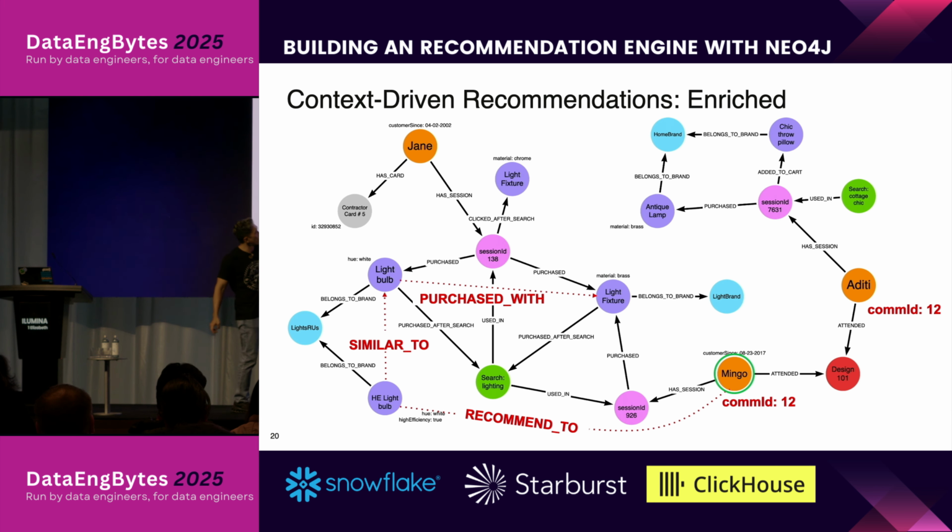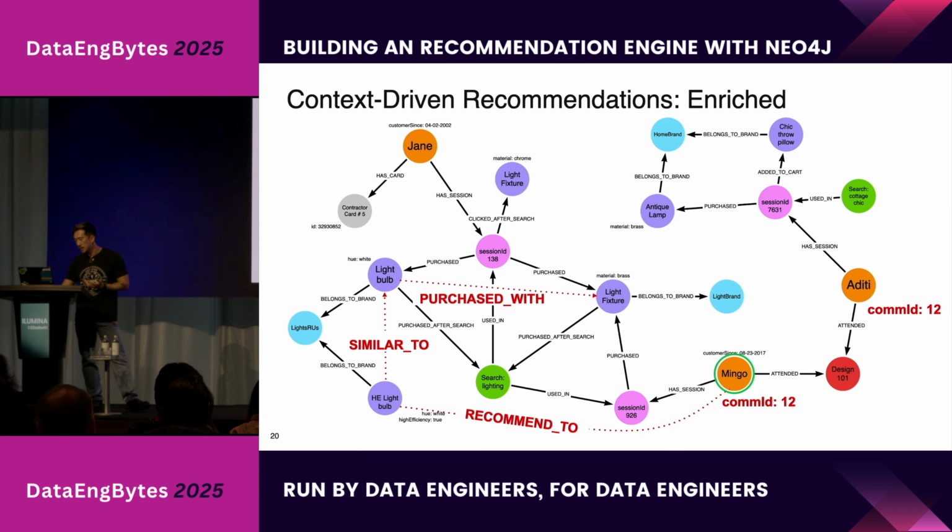So let's say Mingo and Aditi attended a design 101 conference, apparently held by Walmart, whatever information you have access to. Then we decide these two customers are relevant, or in the same community, based on their interest, right? Let's see what Aditi has purchased.